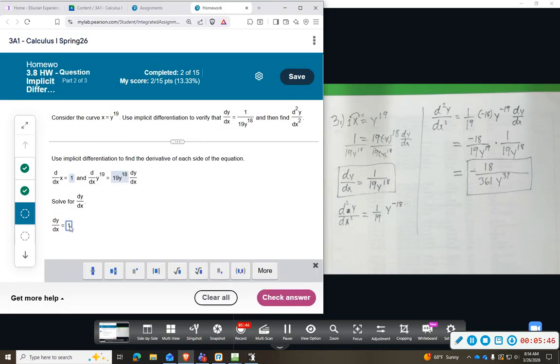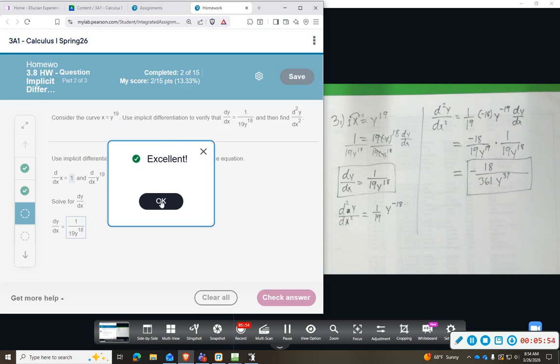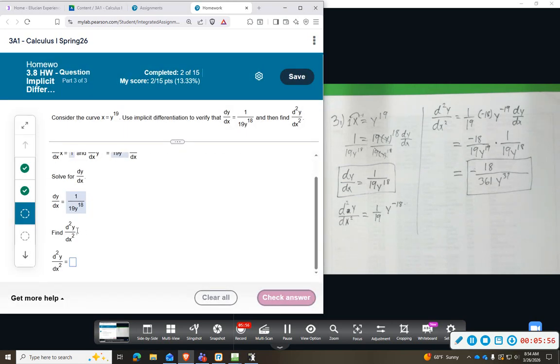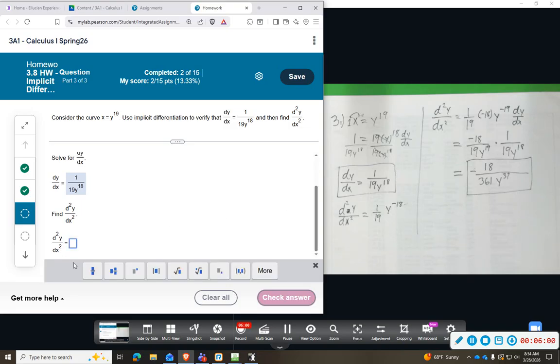That gave us 1 divided by 19y raised to the 18th. And then find the second derivative. So that's what we got here, and that will be negative 18 divided by 361 y raised to the 37th power.